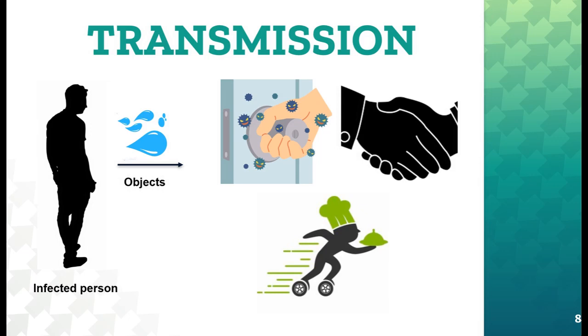For example, in this figure you can see an infected person has touched door knobs or door handles, or shaken hands with a healthy person, or delivered some food or other material to a healthy person.